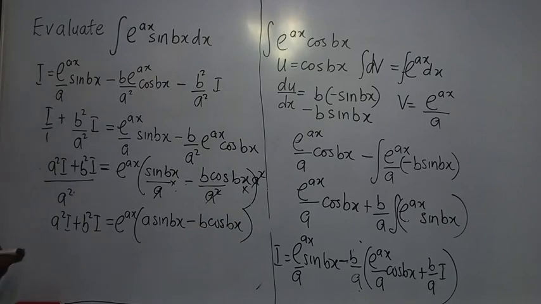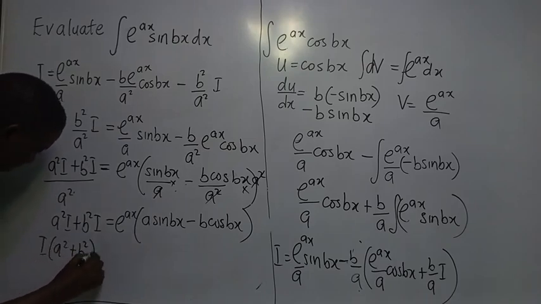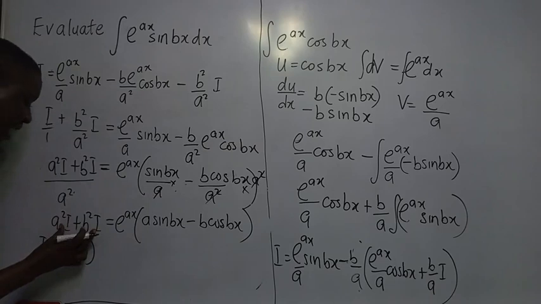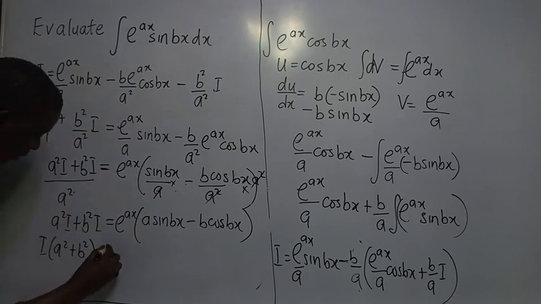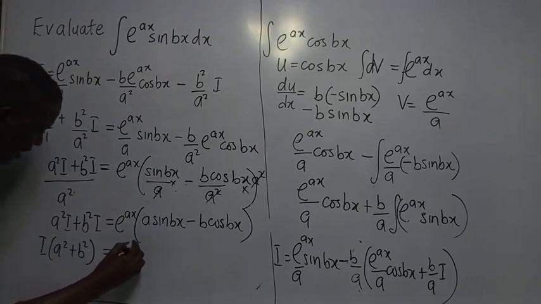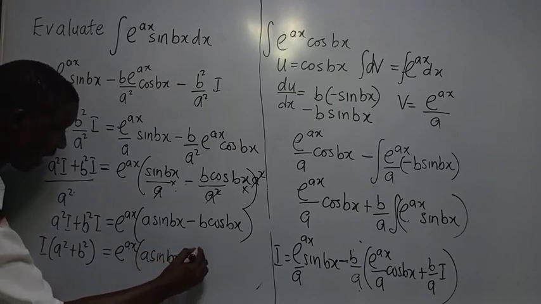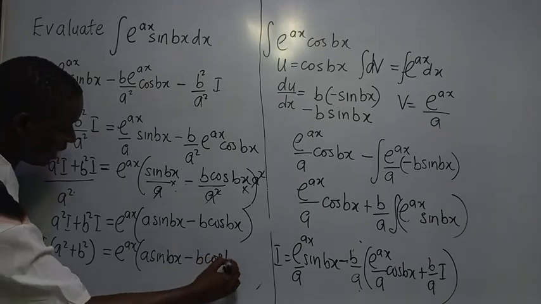So what do we have in common? I is common. A squared plus b squared will be brought out because you factorize I out. That's what I have, equal to exponential ax into a sine bx minus b cos bx.